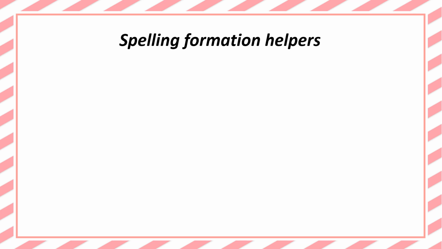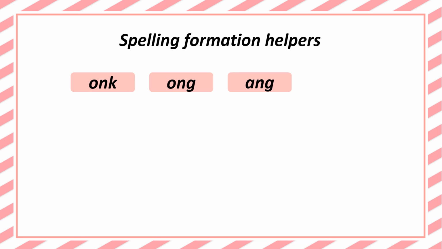Spelling formation helpers. These helpers are useful to kids in the formation of many spellings. Let's check out the list of spelling formation helpers. We can introduce these to grade 1 kids. Onk, onk, as in honk, monk. Ong, ong, as in wrong, long. Ang, ang, as in gang, hang.